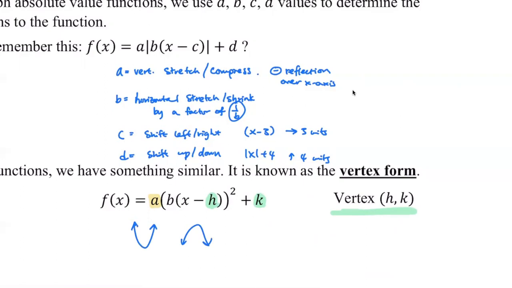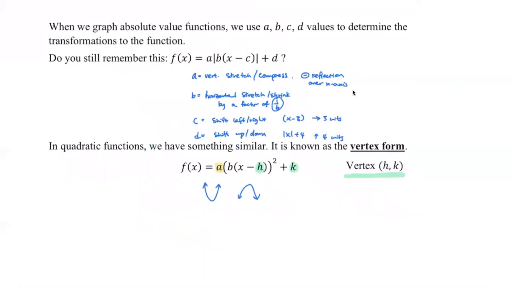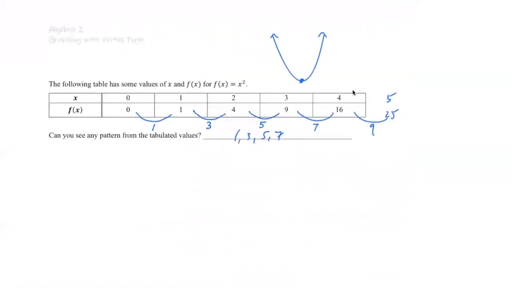Okay, now for today's task, we are going to draw a parabola using the vertex form. It will get a lot easier when you get the hang of it. I promise you it's so darn easy because it's all going to be related to 1, 3, 5, and 7.